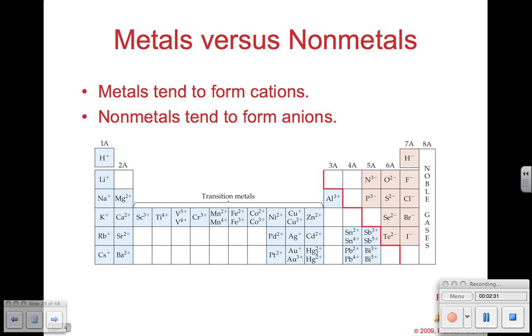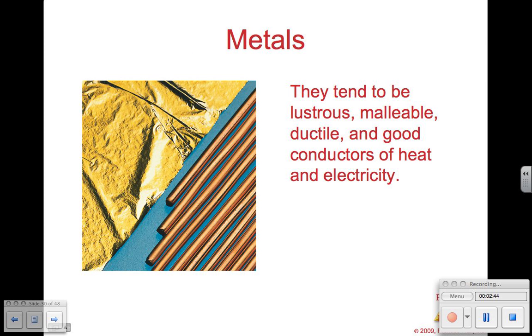And this should look familiar to you since you've looked at different ions and needed to memorize some of them at the beginning of the year. So there are the most common ions, cations and anions, that we come into contact with in chemistry.